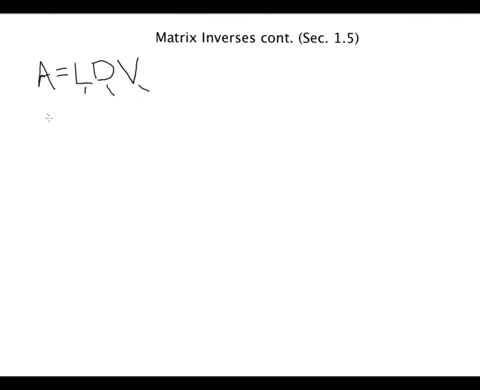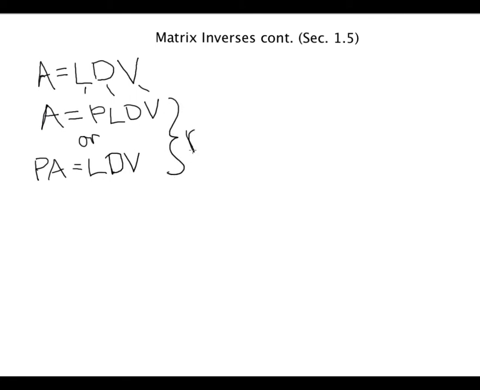And just as we had the permuted LU decomposition, there's also the permuted LDV decomposition, PLDV, or that's sometimes written putting the P on the other side, PA is equal to LDV. Either one of these is sometimes called permuted LDV decomposition.